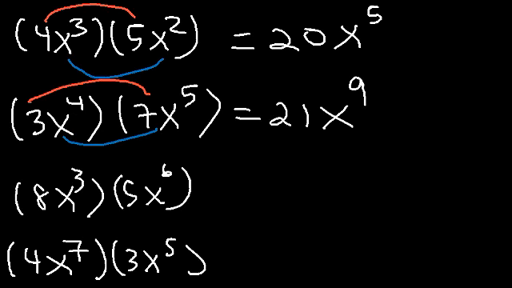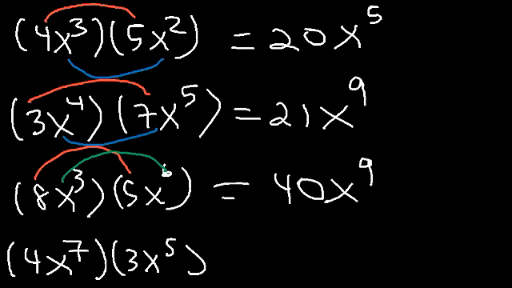So now let's move on to the next example. 8 times 5 is 40. x cubed times x to the 6th. 3 plus 6 is 9, so that's x to the 9th. 4 times 3 is 12. And 7 plus 5 is also 12, so this is 12x to the 12th power. What about multiplying monomials with multiple variables?